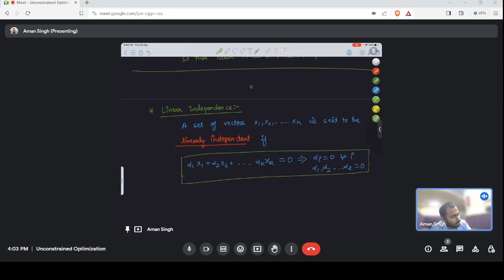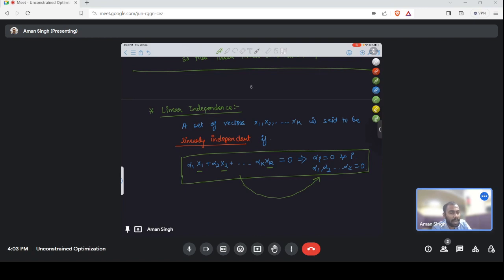So what this means is, if we say that some linear combination of the vectors x1, x2, and xk is 0, then that can only happen if their respective coefficients are 0.